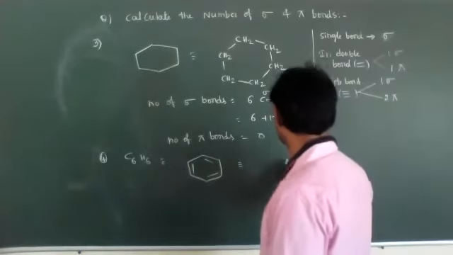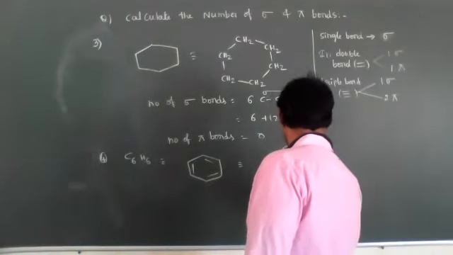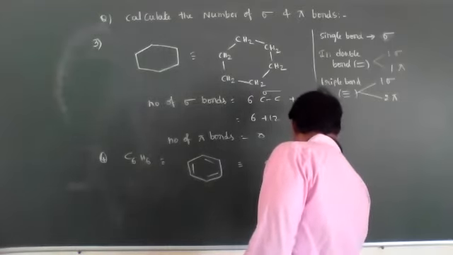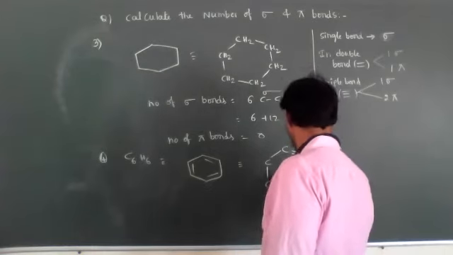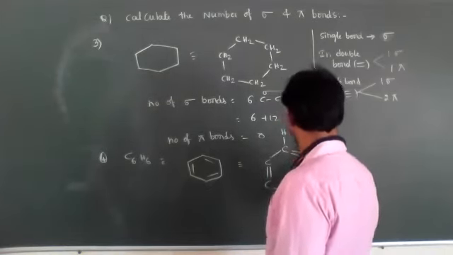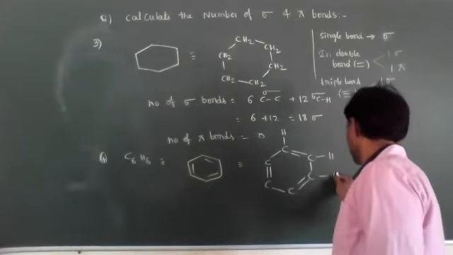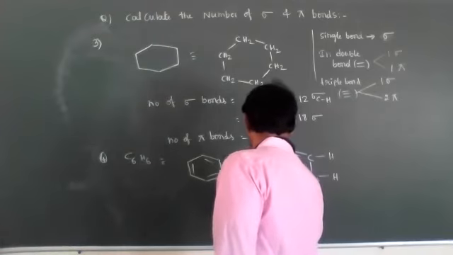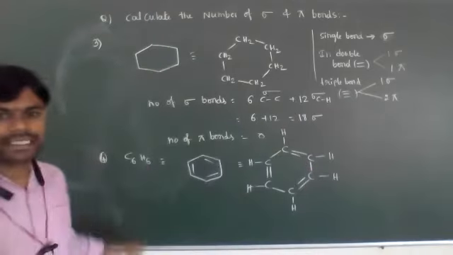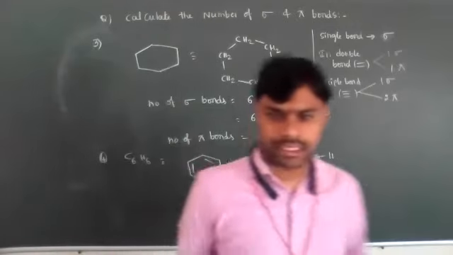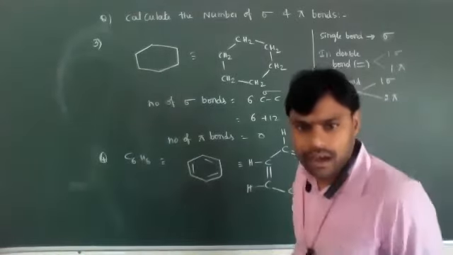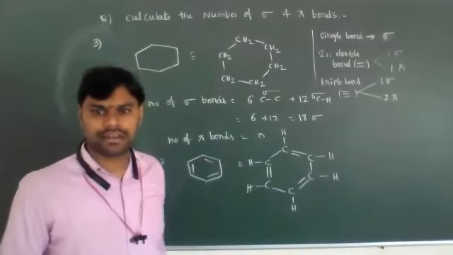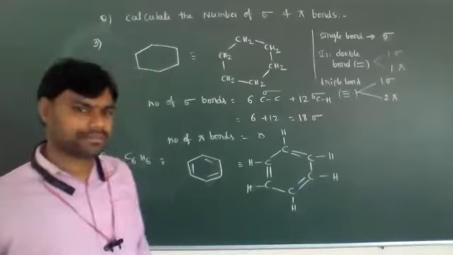If you want the condensed structure, 6 carbon atoms and 6 hydrogen atoms are present. Yes, Aishwarya, 1 pi bond? See here how many double bonds are appearing? How can you say 1 pi bond?